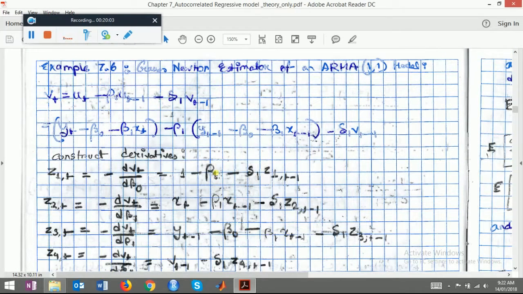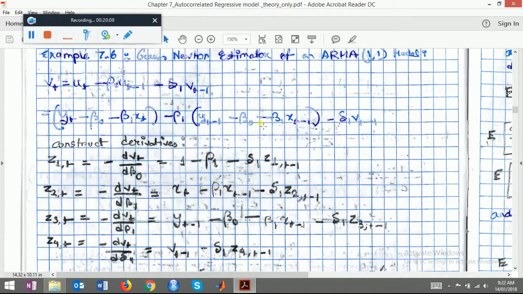Example 7.6, Gauss-Newton estimator of an ARMA 1-1 model. Right, so this is an example just to practice. So first express the equation in Vt as we have studied before. An additional term, this is the autoregressive part minus, obviously, the moving average part, delta 1 Vt minus 1.